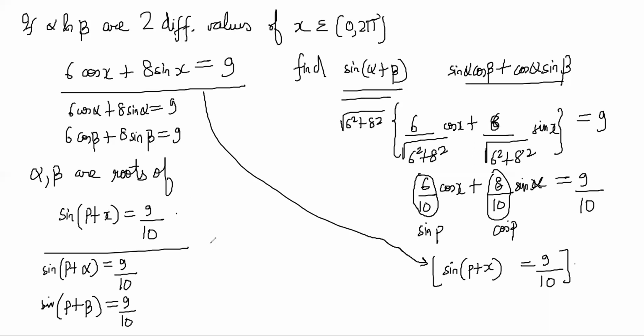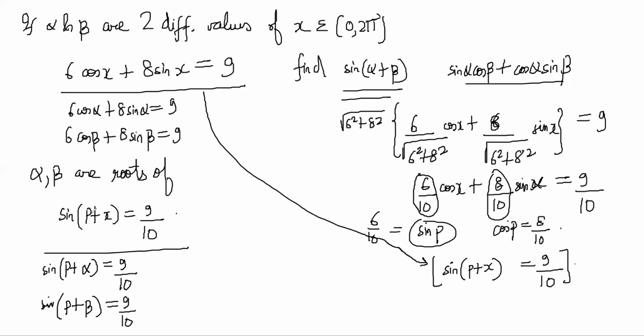And we know sine p is equal to 6 by 10 and cos p is equal to 8 by 10.